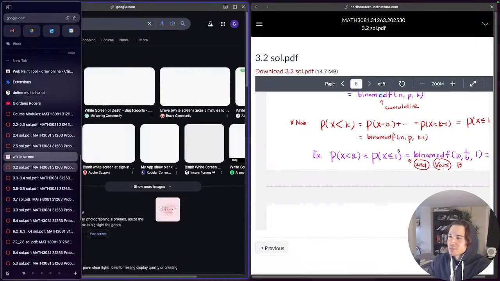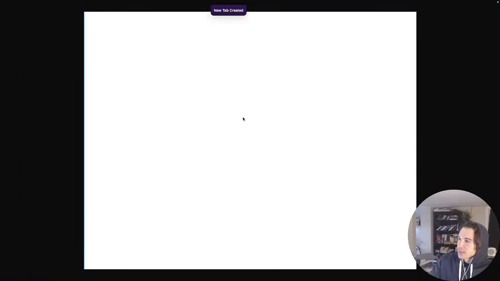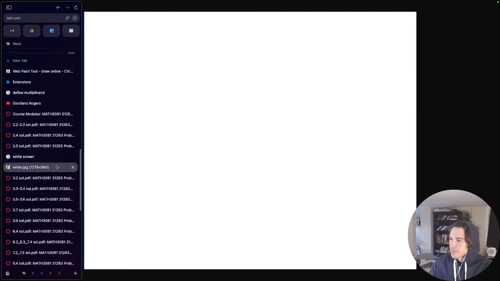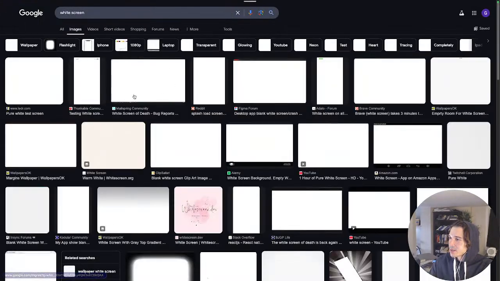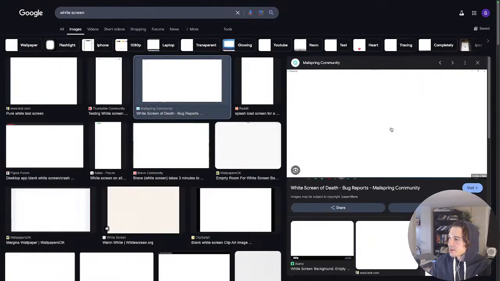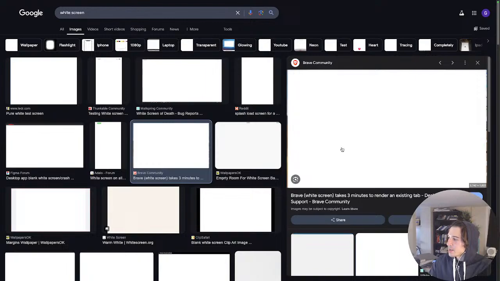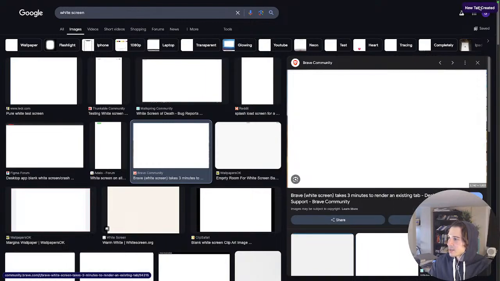White screen, I'm just gonna go find an image. Yes, just open image in a new tab. Okay, just, you really couldn't make the white screen image bigger? Come on now. Is that big enough? None of these are big enough. Why do you have pixel restrictions on just white? And now it's just nothing?